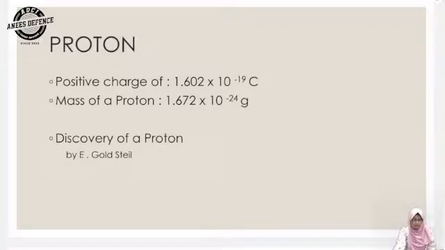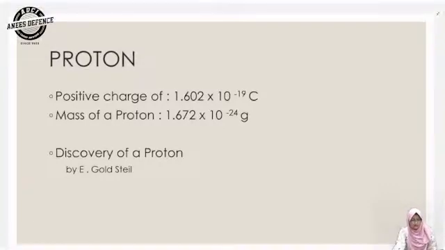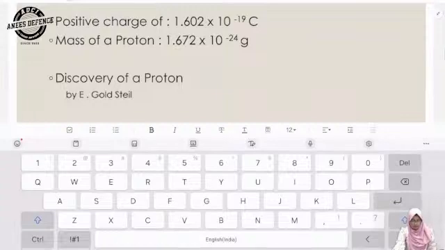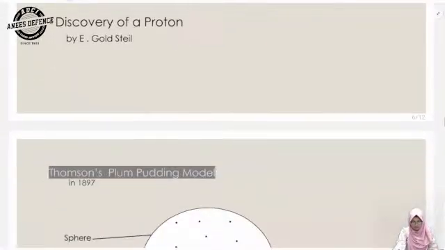He observed that if a perforated disc cathode is used, as by J.J. Thomson, and the gas pressure was not too low, then colored rays emerged on the opposite side of the cathode. These rays travel in the form of a stream through the canal and produced a glow on the other end of the discharge tube. Goldstein called them canal rays or anode rays. Later, these rays were found to consist of positively charged particles.